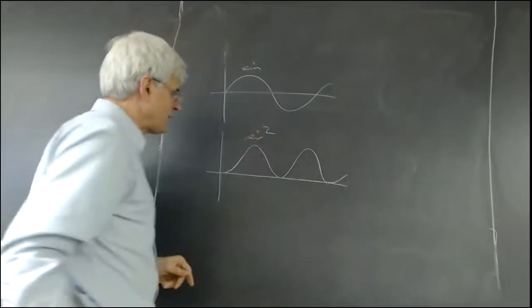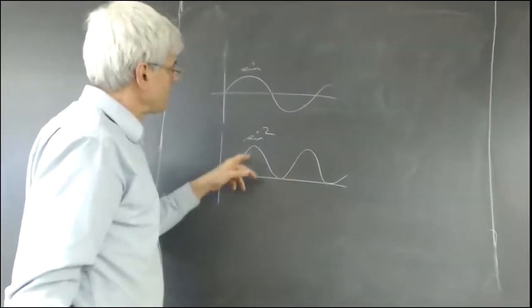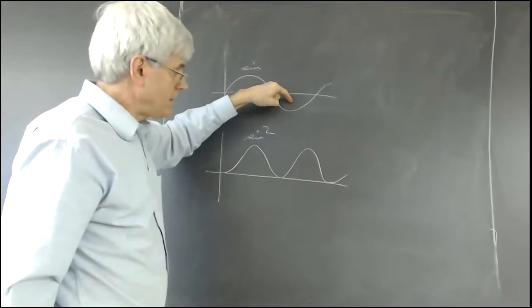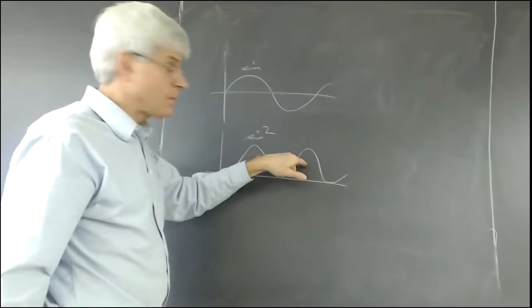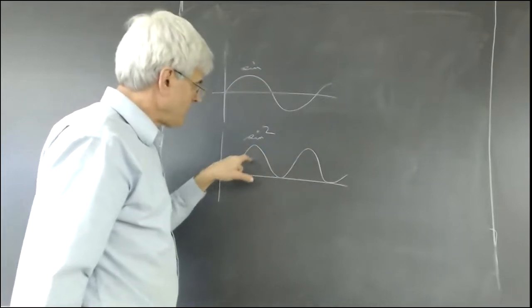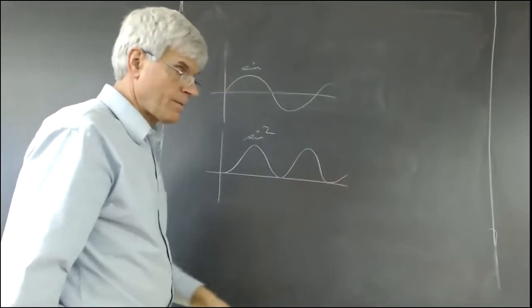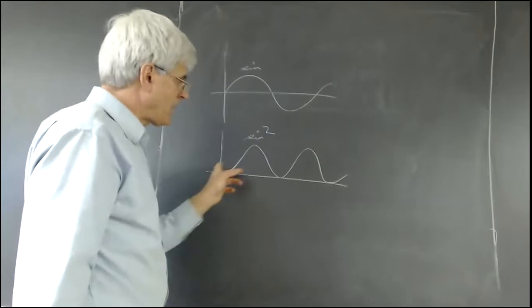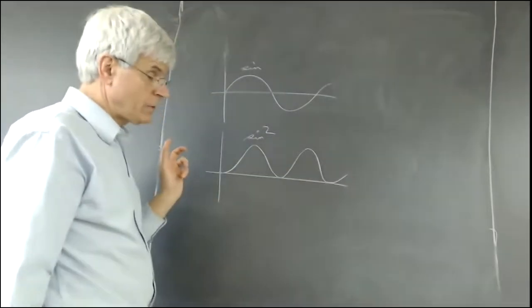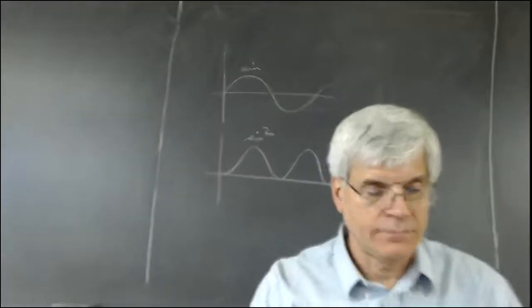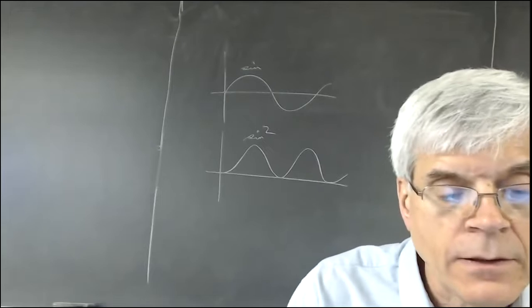I wasn't being very careful when I drew it, but you take a negative number and you square it, and it's positive, okay? So sine squared is always positive. And so when you average that, you get something which is not 0. So back to the other thing.